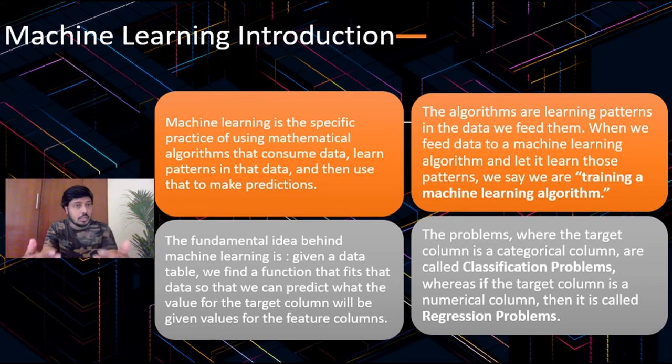It is important to keep in mind that the algorithms are learning patterns in the data we feed them. When we feed data to a machine learning algorithm and let it learn those patterns, we say we are training a machine learning algorithm.